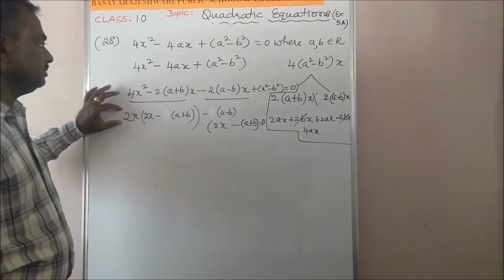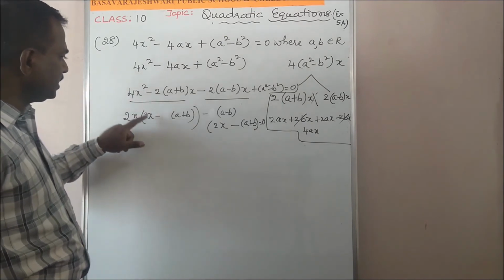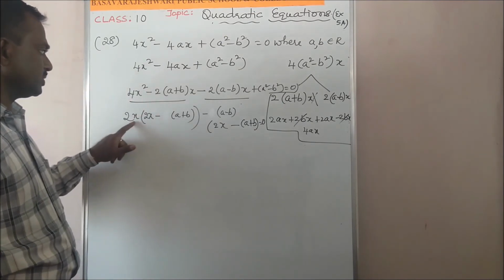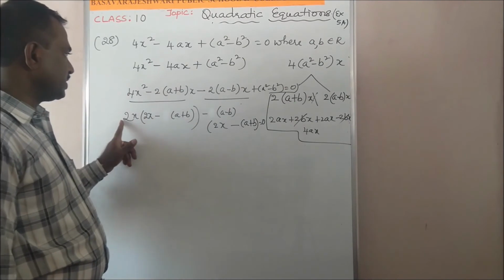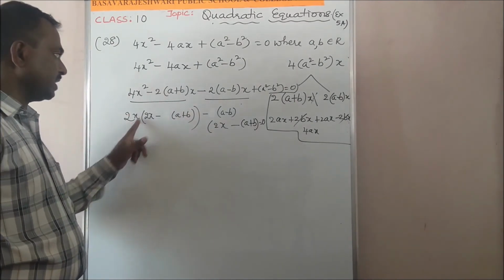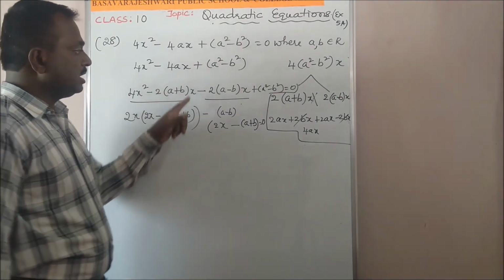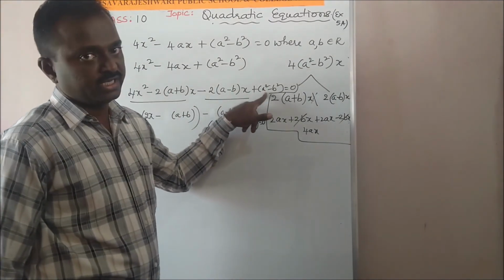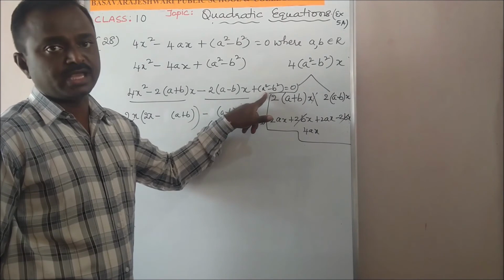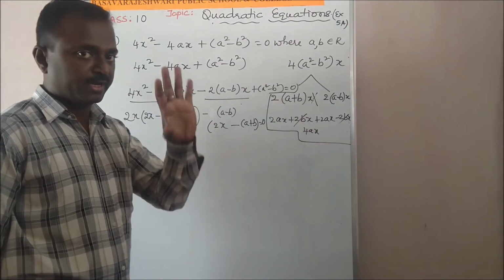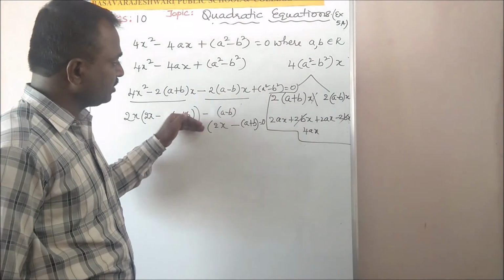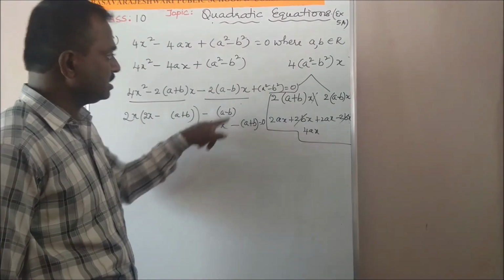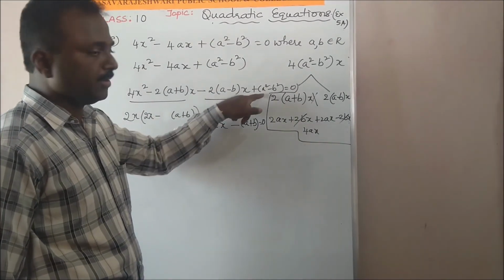Here 2x common. What remains here? 2x remains. Only a plus b remains. If you expand this, it is a plus b into a minus b. Therefore, only a minus b is there. One a minus b is kept outside. What remains? 2x remains. Here minus, one a plus b will be there.